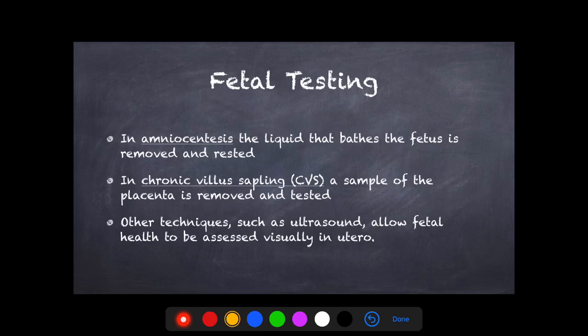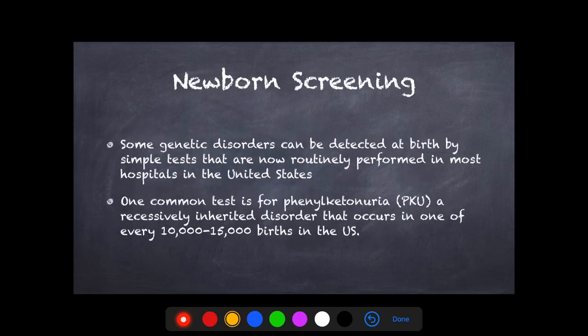This is a sample of the placenta of the baby that is removed and then tested for disorders or whatever you're concerned about. And then you can also have an ultrasound that can be assessed, and through that you can study the health of the baby, like their heart rate and stuff like that, even while the baby is still in the belly of the woman.